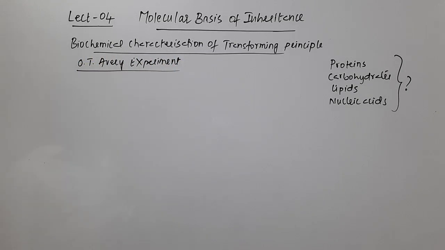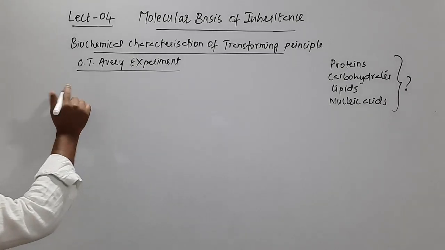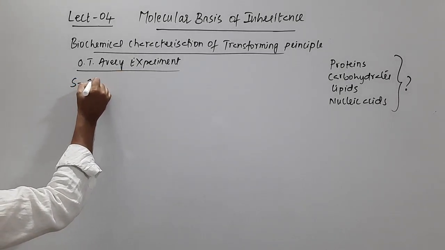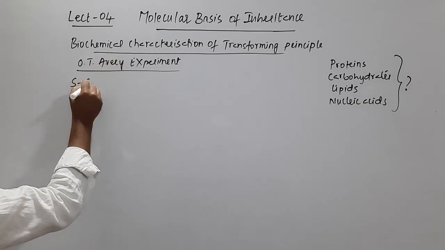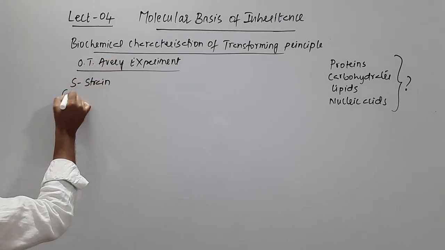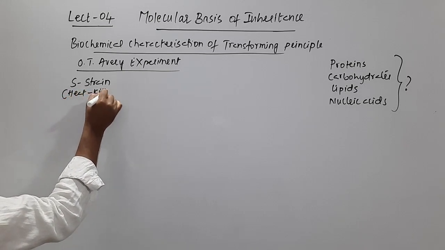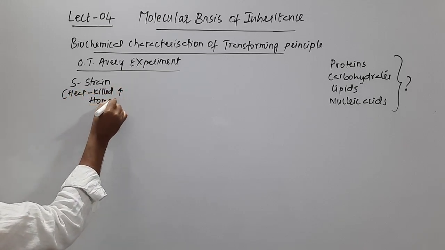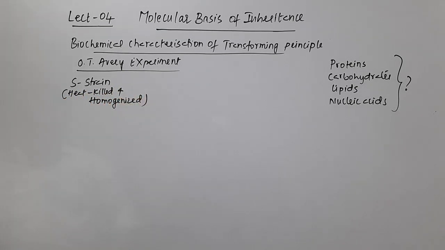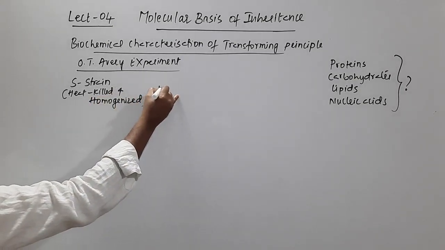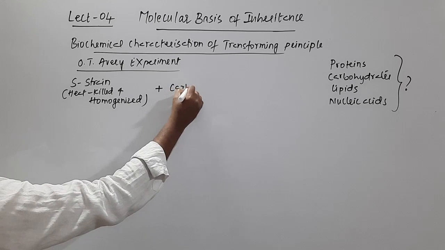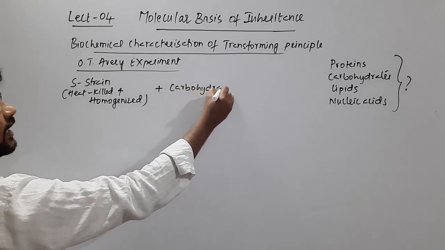Now what they did was to see which of these molecules passed from the heat-killed S strain to the R strain. So they again took the S strain bacteria, heat killed and homogenized it, which means they ground it, and then they mixed it with the enzyme called carbohydrases.